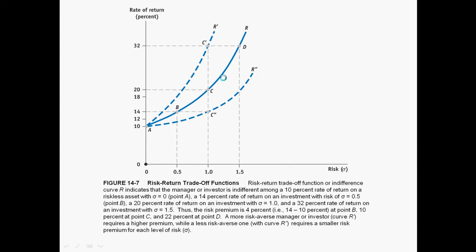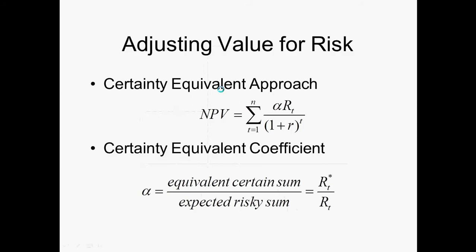The very risk averse manager is here at R prime, more risk averse than R. A less risk averse manager would be this one, R double prime. So these curves in rate of return and risk space represent different preferences over risk, different degrees of risk aversion.